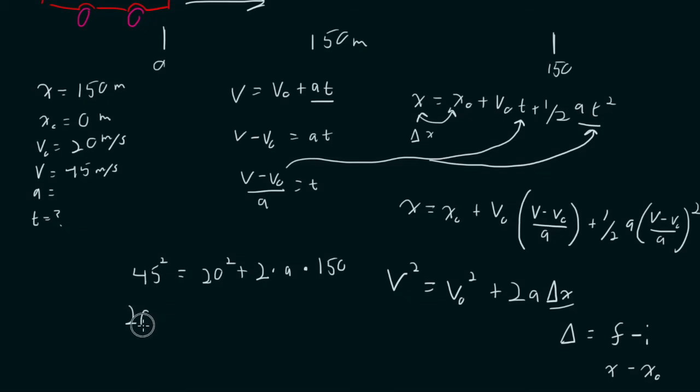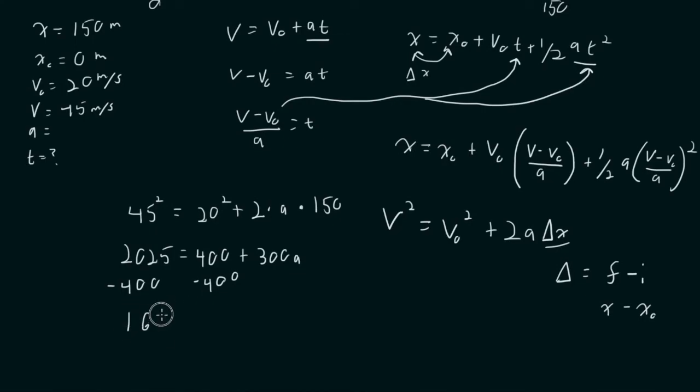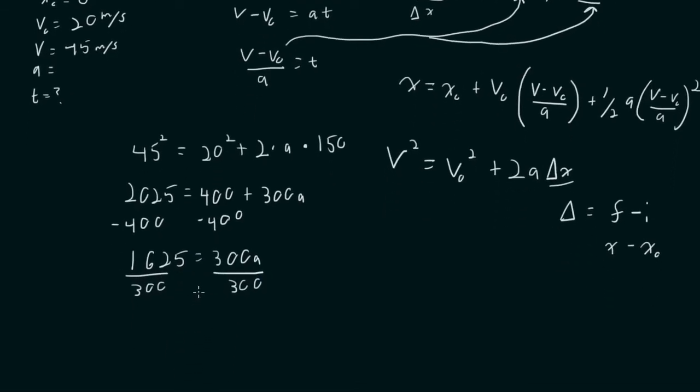It's going to be 2025 equals 400 plus 300a. Let's subtract that 400 from both sides. And I've got 1625 equals 300a, divide by 300, and I'll be given my a.